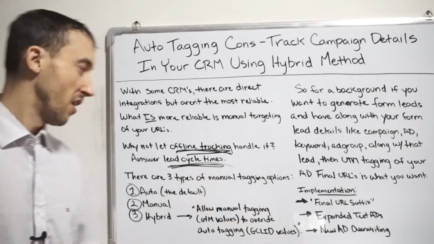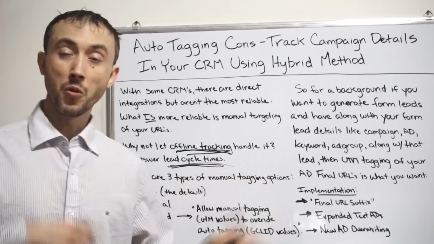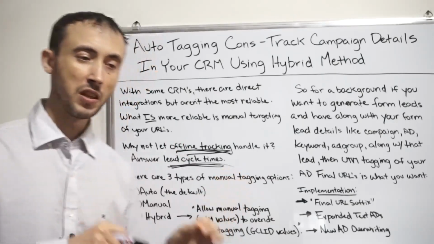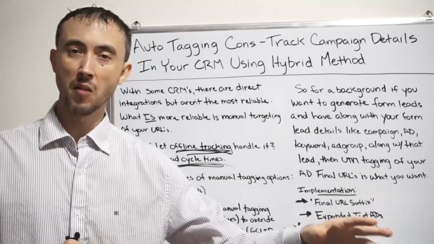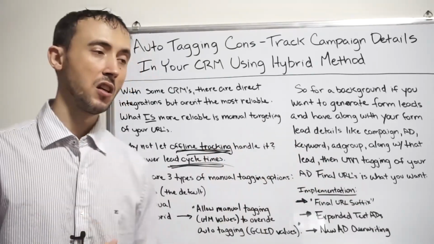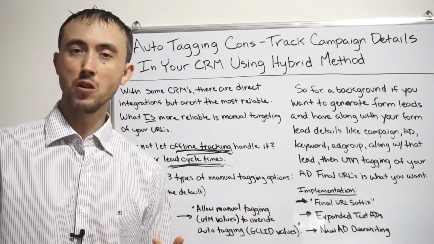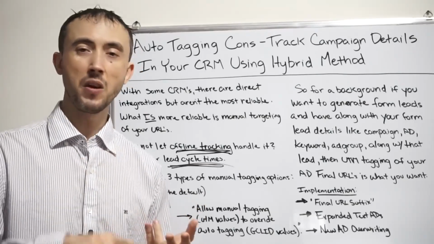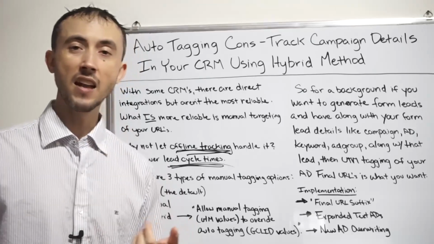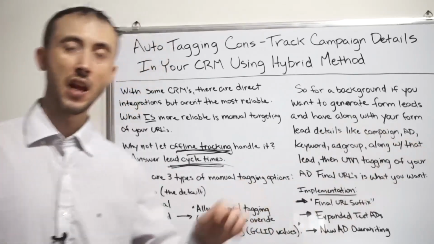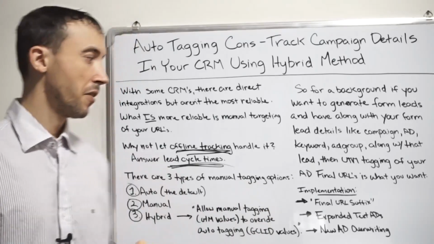So anyway, with everything I said, you want to tag the leads coming in inside your CRM, if you have a CRM, or just in a spreadsheet: what keyword they typed in, what ad group they came through, what campaign they came through, what ad they came through, along with the form lead as it's submitted and in your database somewhere, okay?